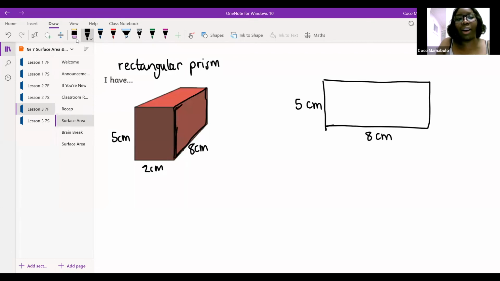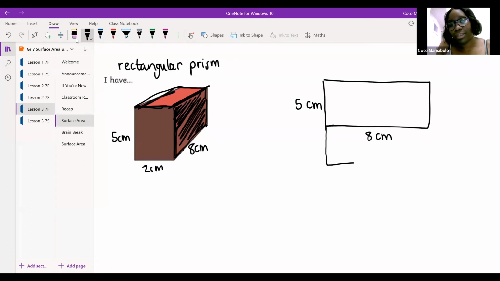Okay. So now I've unpacked this side over here. I now want to unpack this top side that touches my shape over here. But first, what's going to come first is this long side that connects to my 8 centimeters. So I'm going to unpack like this, long side, and then I'm going to have a short side over here.